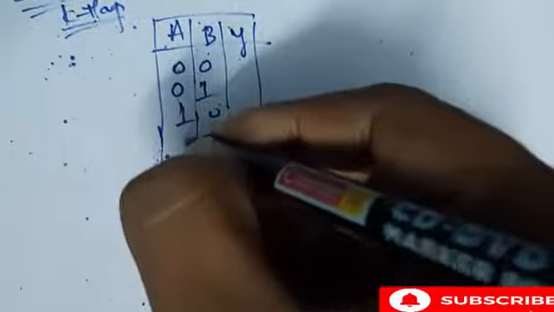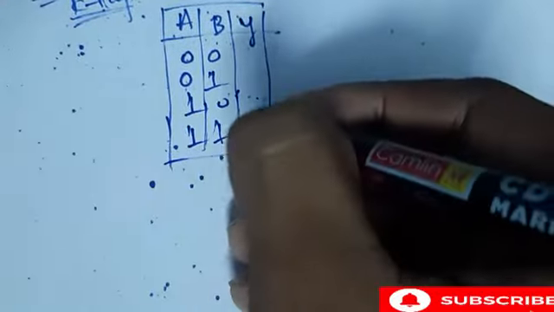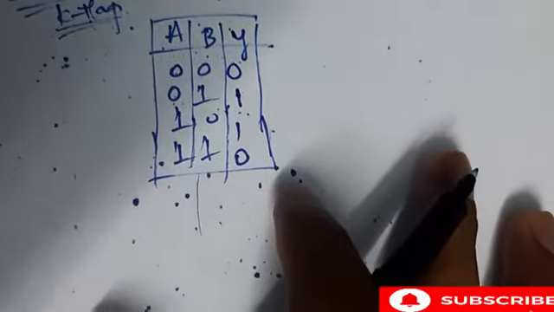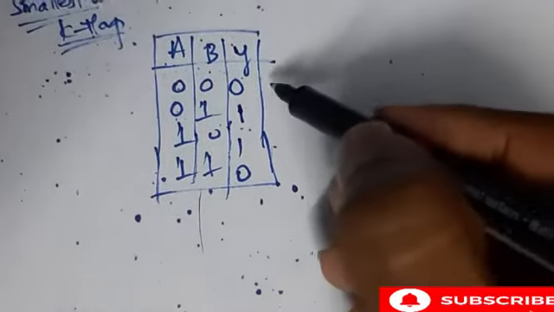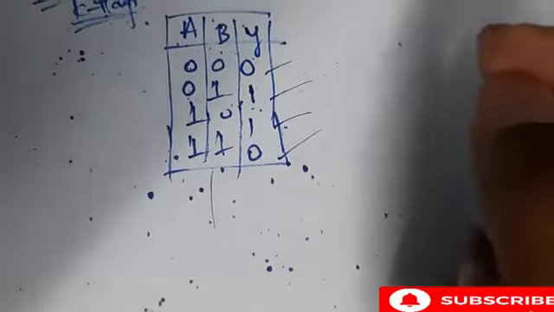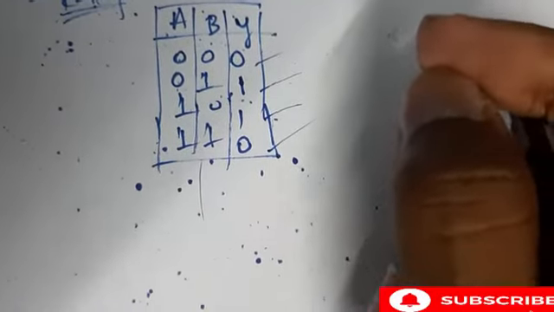Let's see with one truth table how we can plot the K map. Take inputs A, B and output Y: 0 0, 0 1, 1 0, 1 1, with outputs 0 1 1 0. I am taking random outputs. Here you can see 1 2 3 4 cells, so this will be a 2 variable K map.